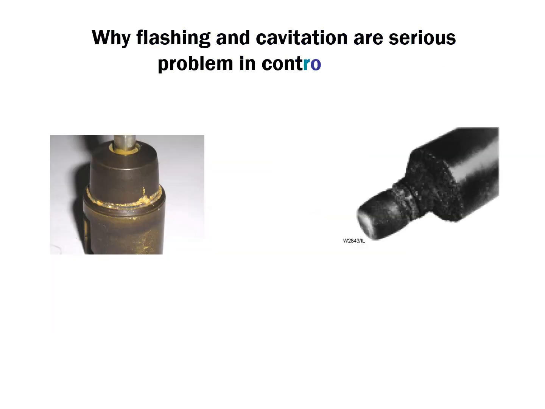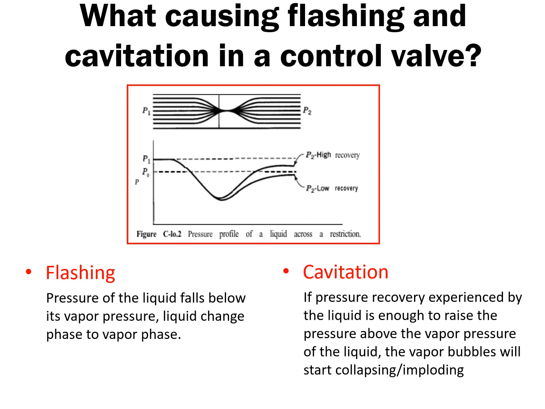Okay, why are flashing and cavitation serious problems in a control valve? Because they can cause erosion. You can see from this figure, this is erosion. So what causes flashing and cavitation in a control valve? Flashing occurs when the pressure of the liquid falls below its vapor pressure.